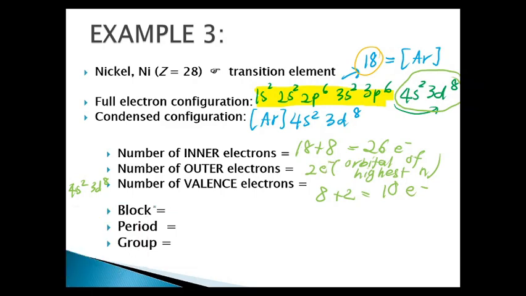Again, to identify the block, period, and group, refer to your valence orbital, 4s2 3d8.